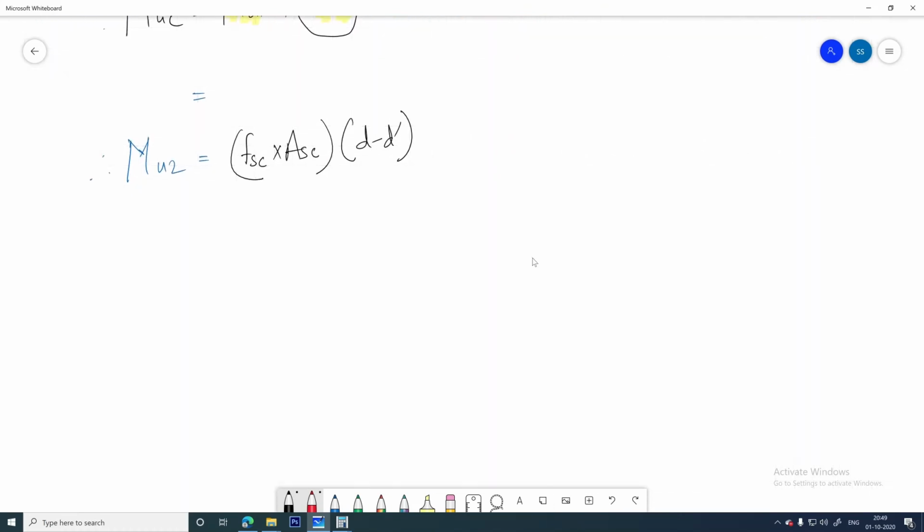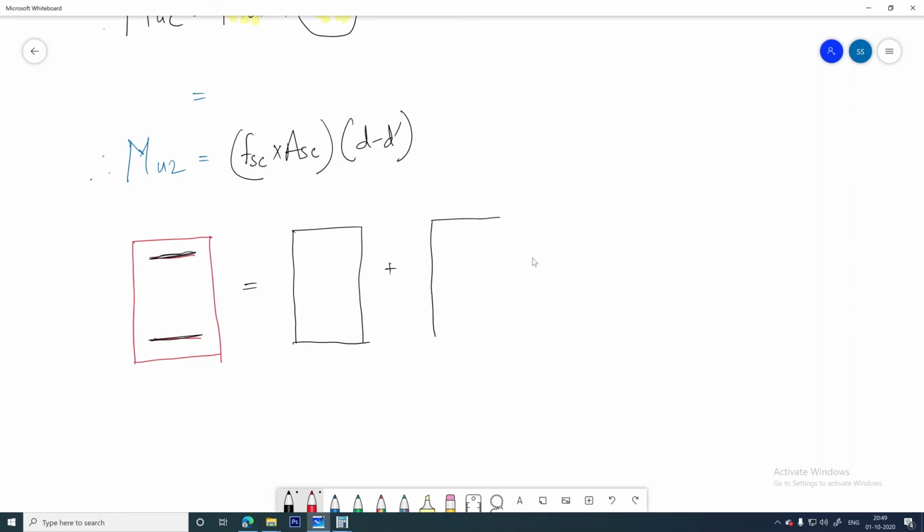If I draw it once again to clear your concept, this is the beam section, the doubly reinforced beam section. Consider this as a doubly reinforced beam section, and you can make it something like this: the summation of two sections. The first one is considering it as a singly reinforced beam section, and the second one is considered as the section which is taken for the balanced moment.